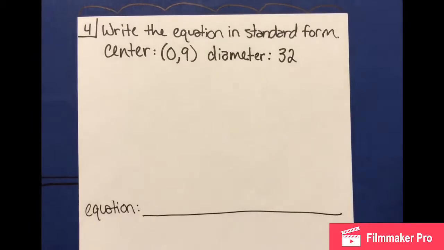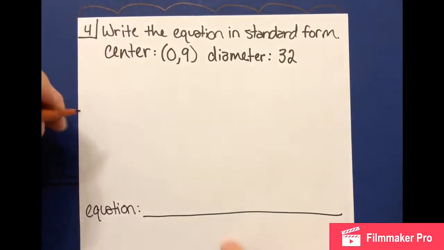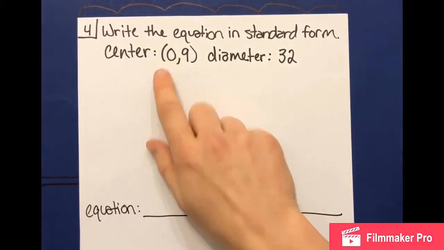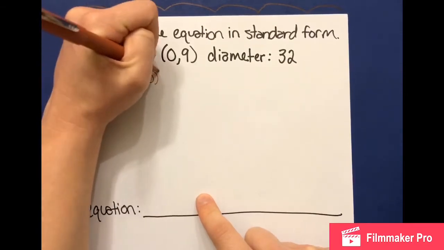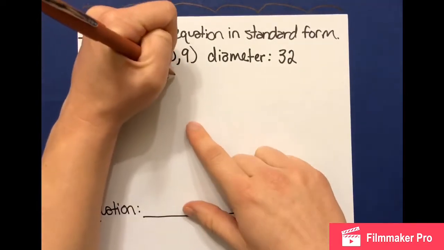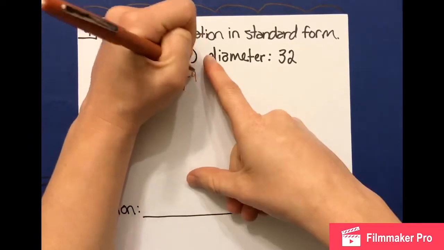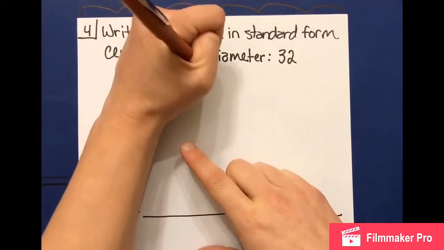Okay, so looking at number 14, the only difference here is the fact that they give you a diameter instead of the radius. So this is actually also cool, what happens when there's a 0 here. So it's x minus 0 squared plus y minus 9, opposite signs, remember, equals.